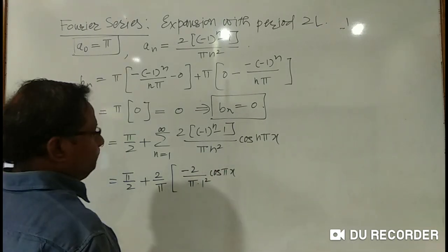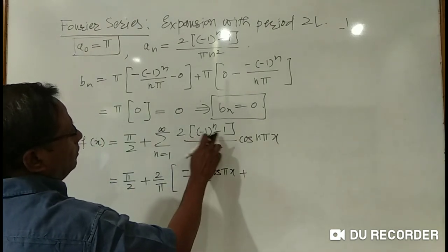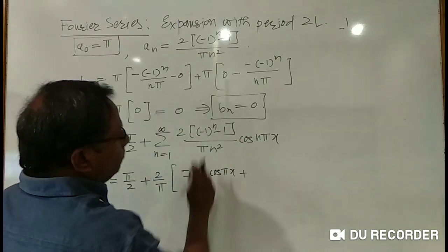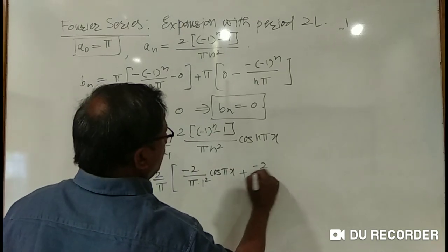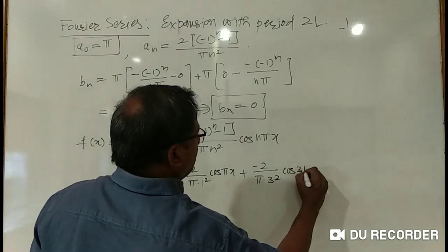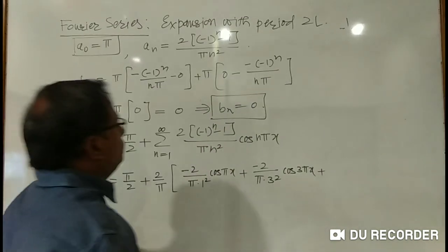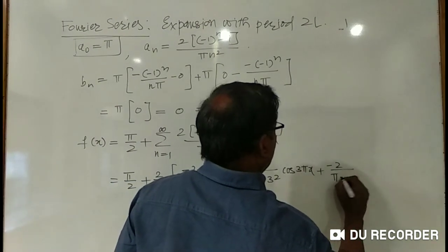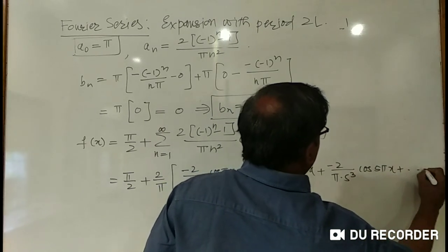When I put n equals 2, minus 1 raised to 2 is 1, 1 minus 1 is 0, so the second term vanishes. Then n equals 3: minus 1 raised to 3 is minus 1, minus 2 upon pi into 3 square cos of 3 pi x. When you put n equals 4, it vanishes, n equals 5 gives minus 2 upon pi into 5 square cos of 5 pi x, and so on.